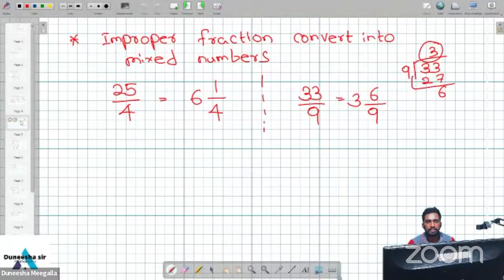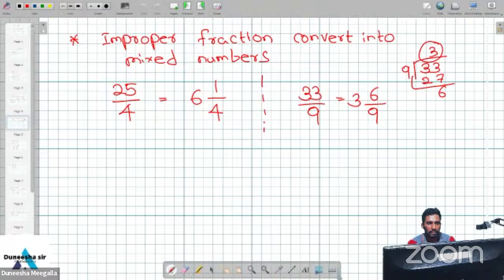Then converting an improper fraction into a mixed number. 25 over 4. What type of fraction is 25 over 4? It is an improper fraction. Then we have to convert it into a mixed number.